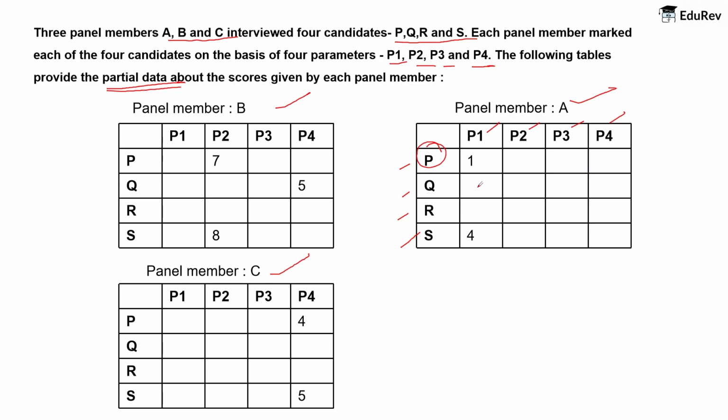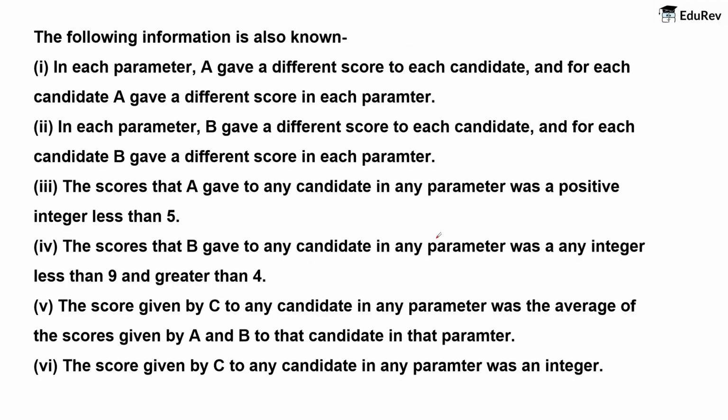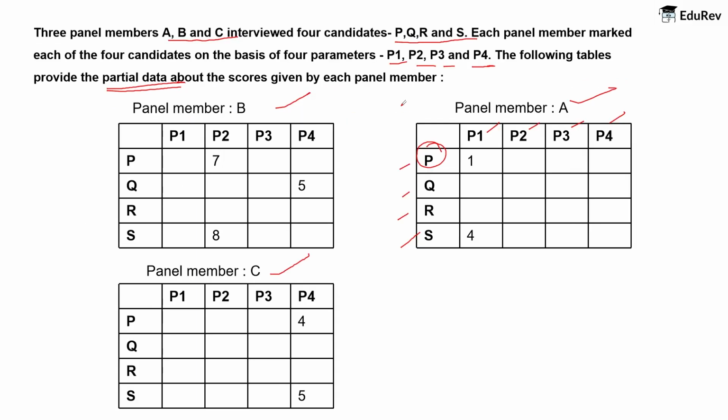Similar way for Q also, P1, P2, P3 and P4 scores are different. So on and so forth for R and S. Also, vice versa is also true. For each candidate, A gave a different score in each parameter. It means for candidate P, in every parameter, the score is also different. It means this way also the score is not matching and this way also the score is not matching. Right? I hope this is clear to everyone.